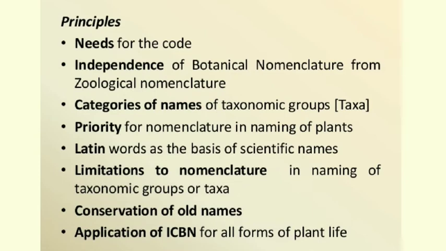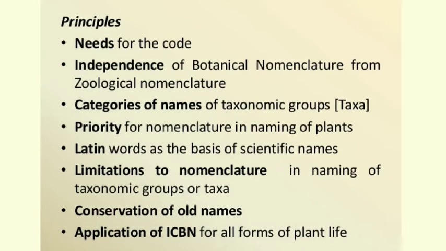Second, independence of botanical nomenclature from zoological nomenclature, meaning the nomenclature of animals must be separate from the nomenclature of plants. Categories of names of taxonomic groups should be separate. Priority for names: in naming plants, priority must be kept.